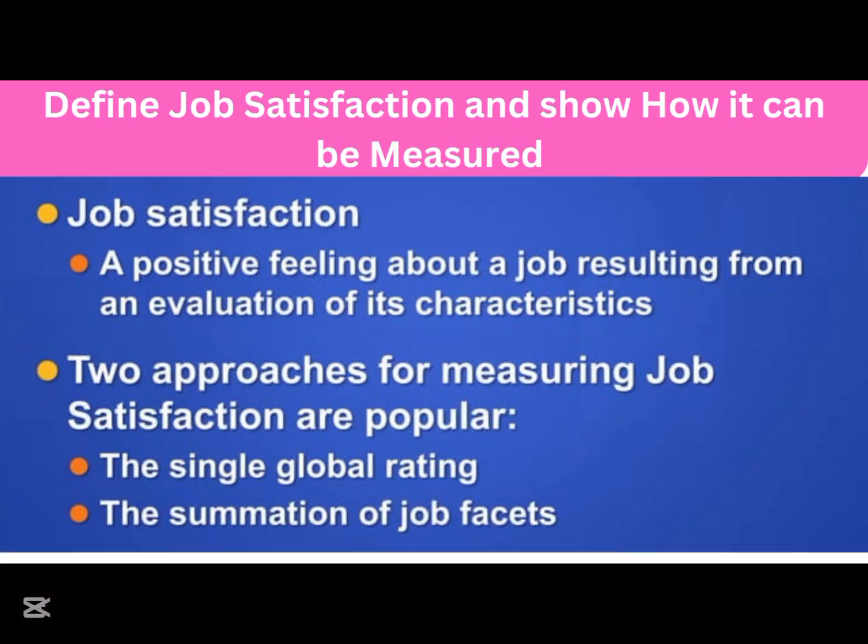Define job satisfaction and show how it can be measured. What is job satisfaction? A positive feeling about a job resulting from an evaluation of its characteristics. Two approaches for measuring job satisfaction are popular: the single global rating, the summation of job facets.